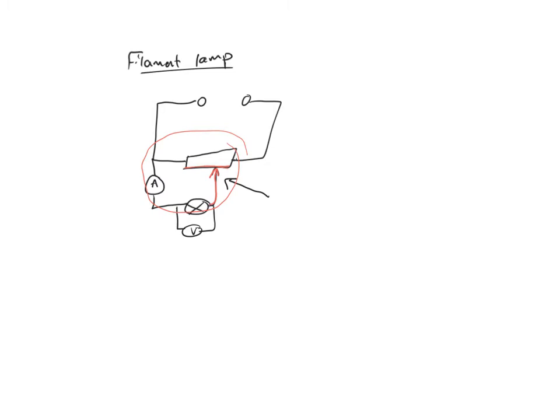So yeah, it's quite a similar setup. The ammeter is in series with the component and the voltmeter is in parallel. Now if I do my experiment and I record the current and voltage by changing the resistance through the potentiometer, then I can get my IV characteristic curve for a filament bulb, and it will look like this.